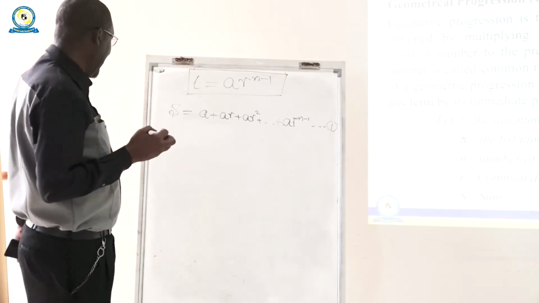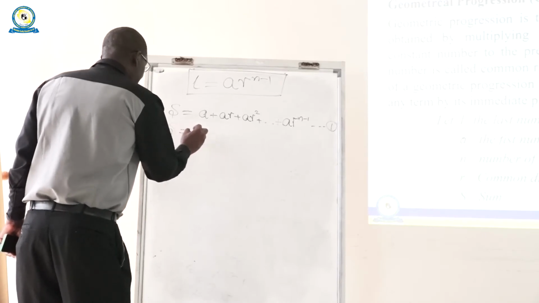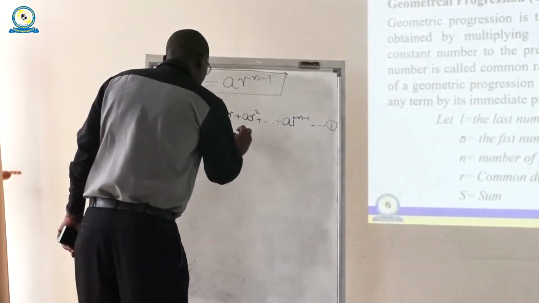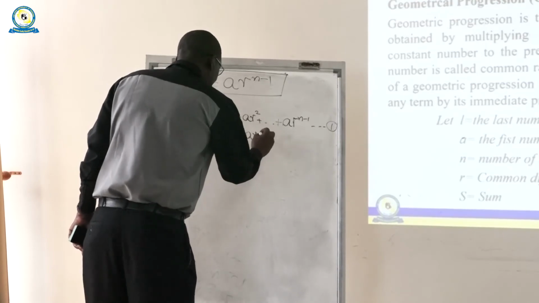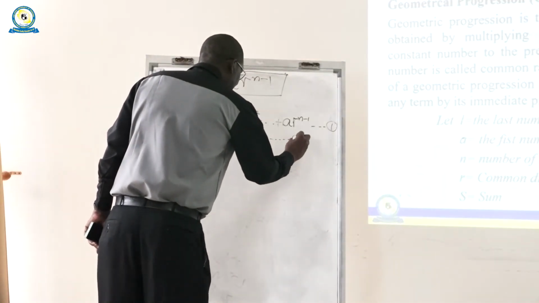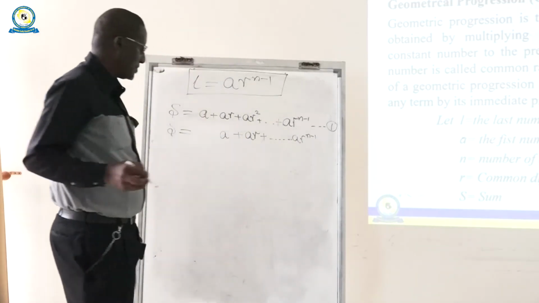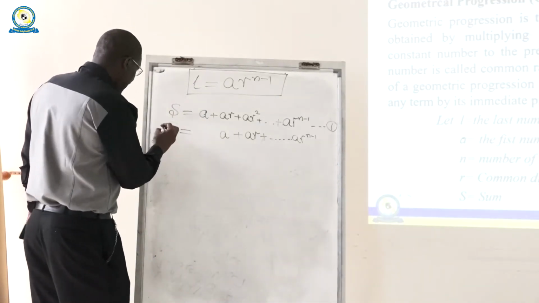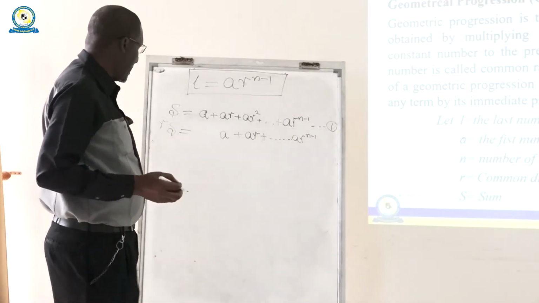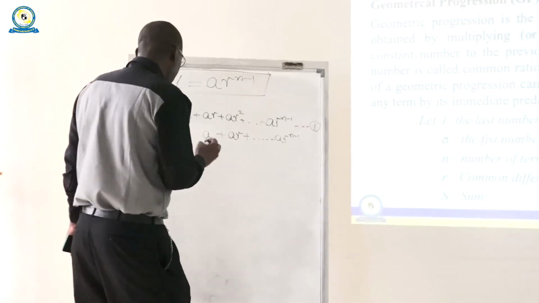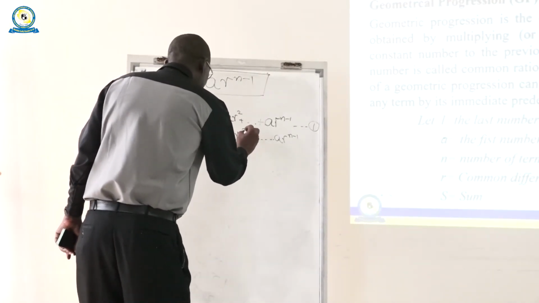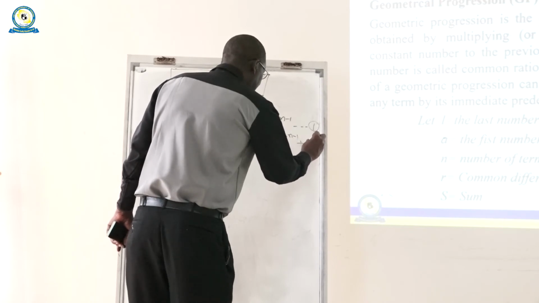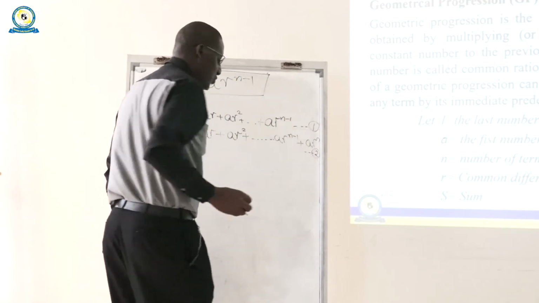Then if we copy again, S equals A plus AR plus up to AR^(n-1), but we shift it. Then we multiply this second sum by R. So this will be AR, this will be AR squared, up to AR^(n-1), and then ARn. This is equation number 2.